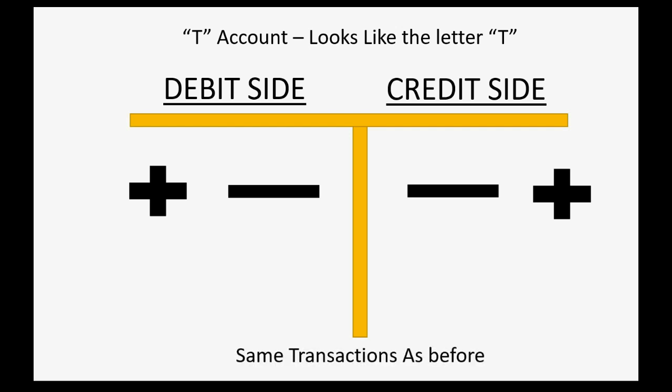So, we're going to record the same transactions as before, in the same items with the same positive and negative numbers that we put before. The only difference is the numbers will be on the debit side and credit side instead of having a plus or minus in front of them.